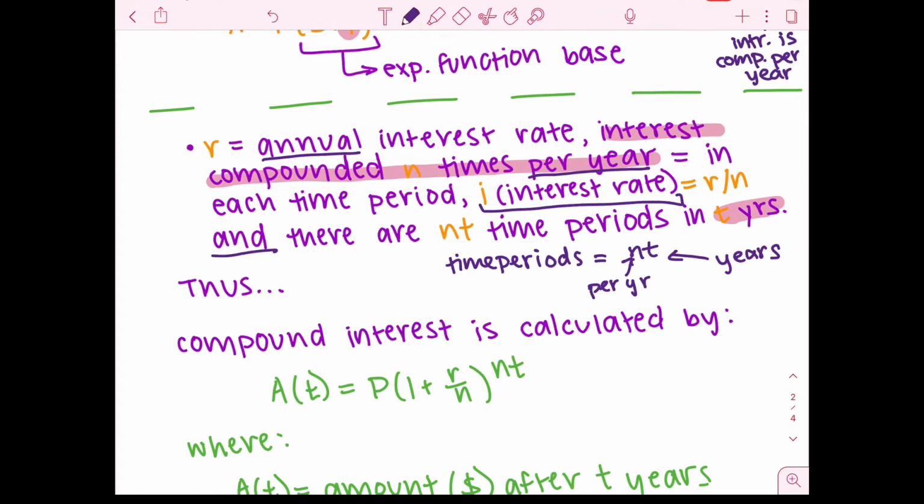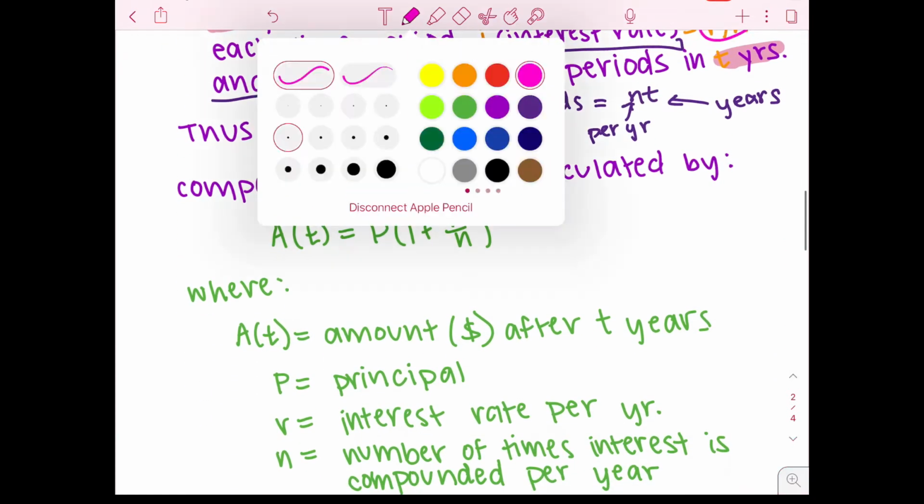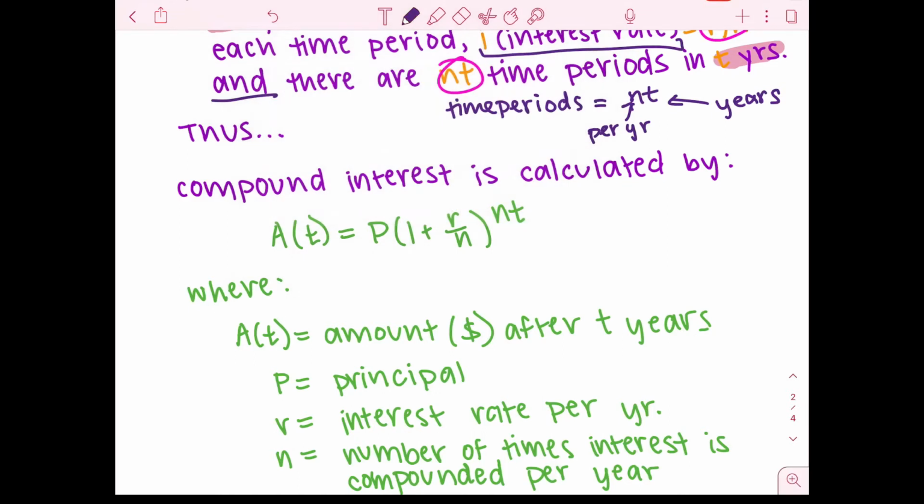Okay, so now put together, we are going to take this value, R divided by N, and NT, and replace what we have established. So now compound interest is calculated by A of T is equal to P, our principal, times 1 plus R divided by N. This was I, remember, to the power of NT, which was K.